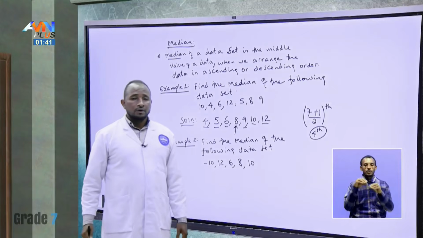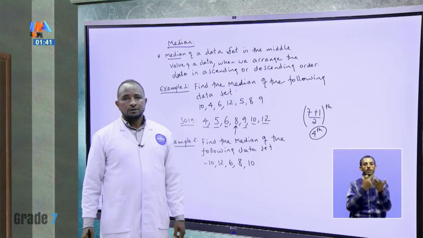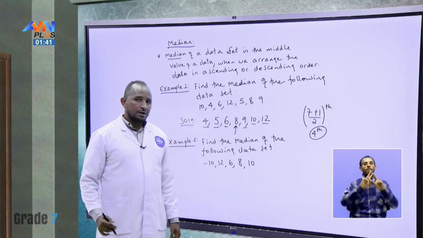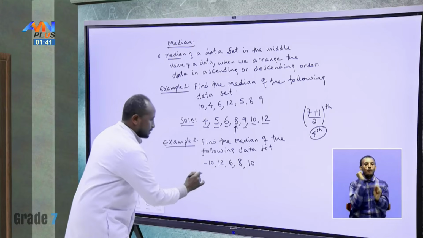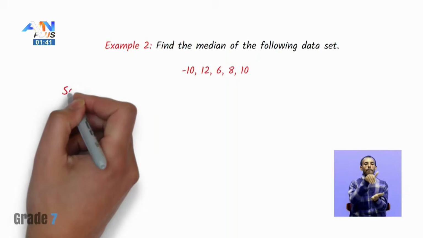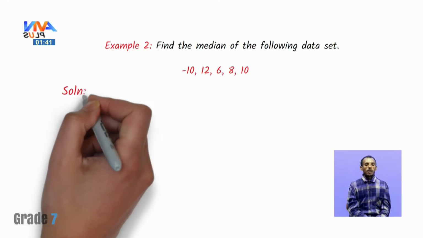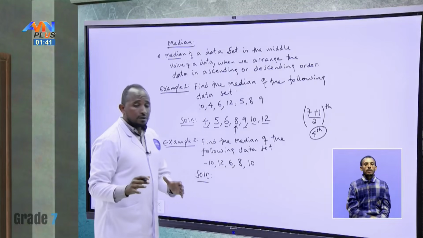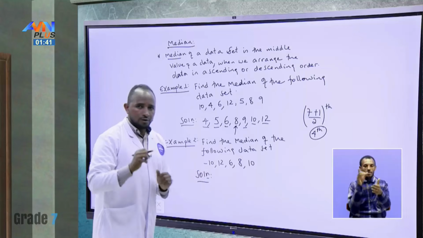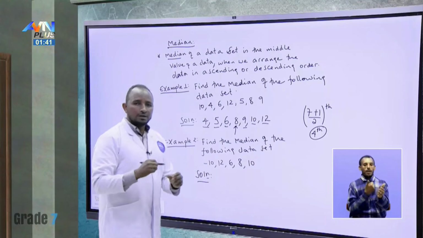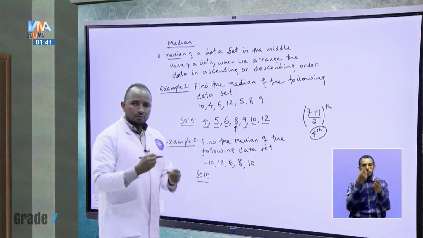Students, have you tried the question? Very nice. Let's see the answer together. To find the median, your first step is arranging the dataset in order. Let's order them in ascending. Let's start from the smallest.